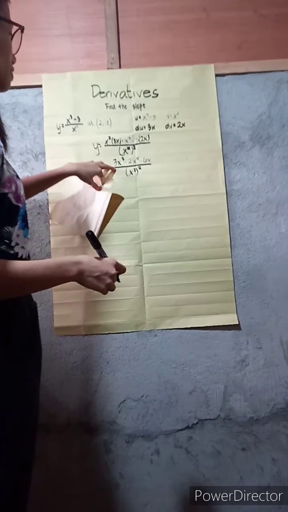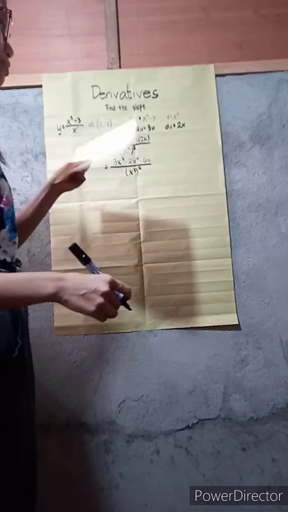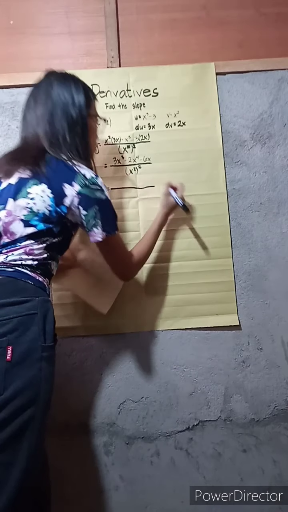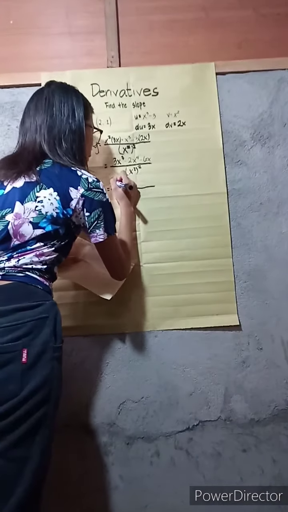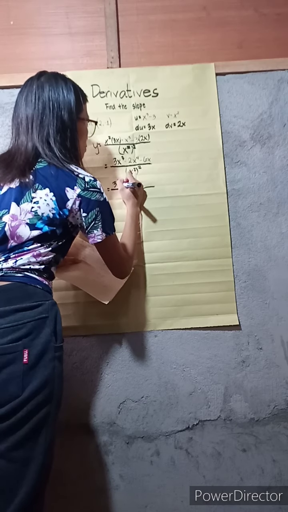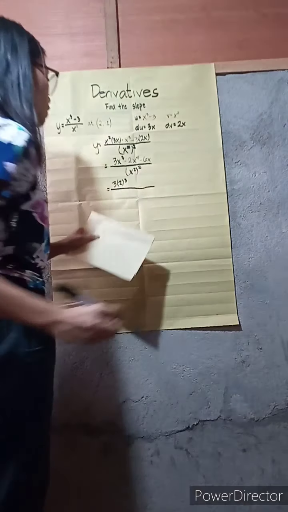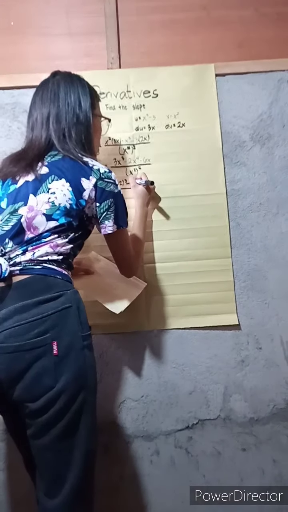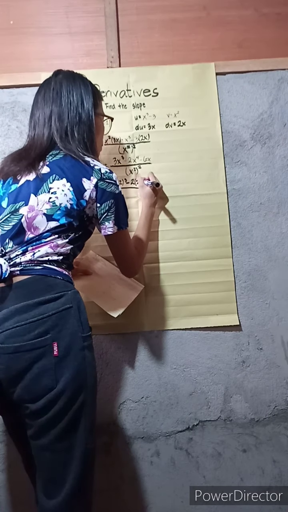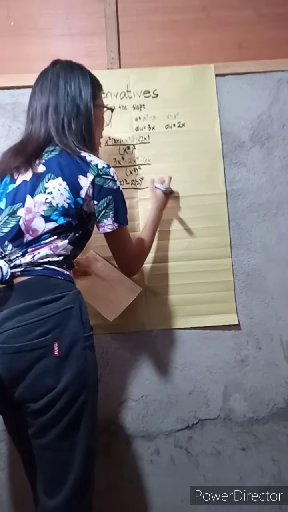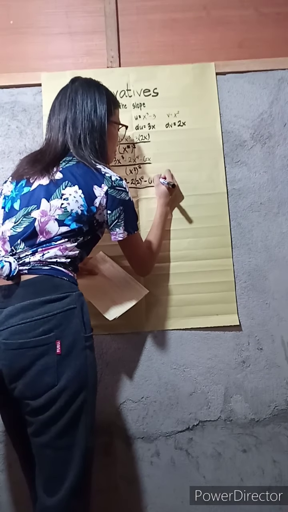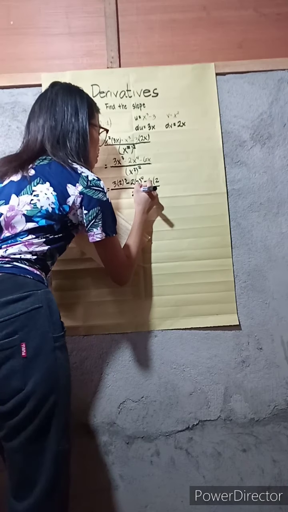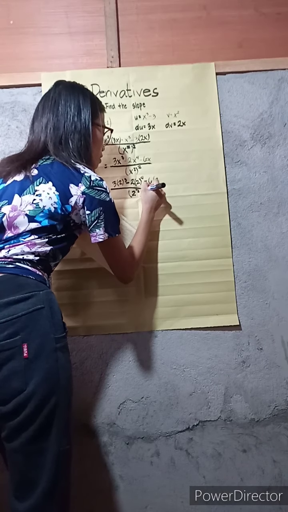Then substitute the value of x with 2, equal to 3 times 2 raised to the power of cube, or 3, minus 2 times 2 raised to the power of 4, minus 6 times 2. Then 2 squared squared.